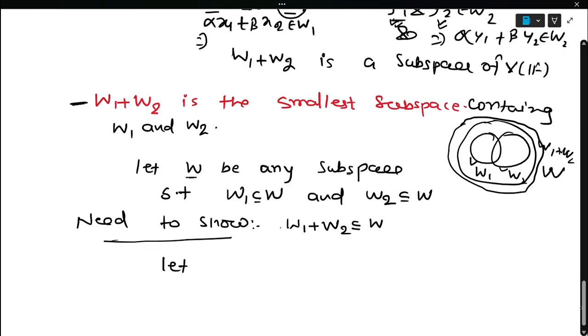So let x plus y belong to W1 plus W2, where x belongs to W1 and y belongs to W2.